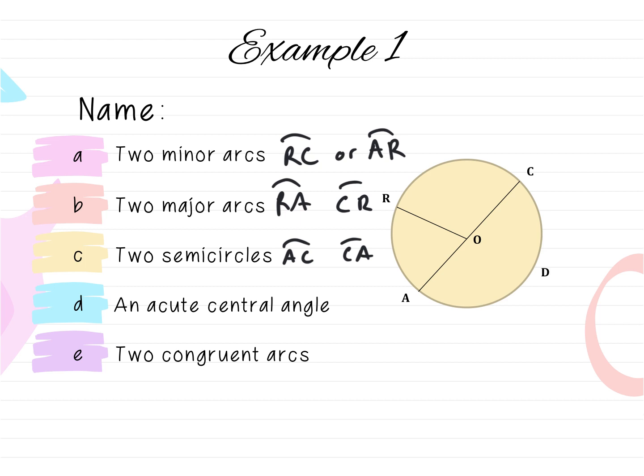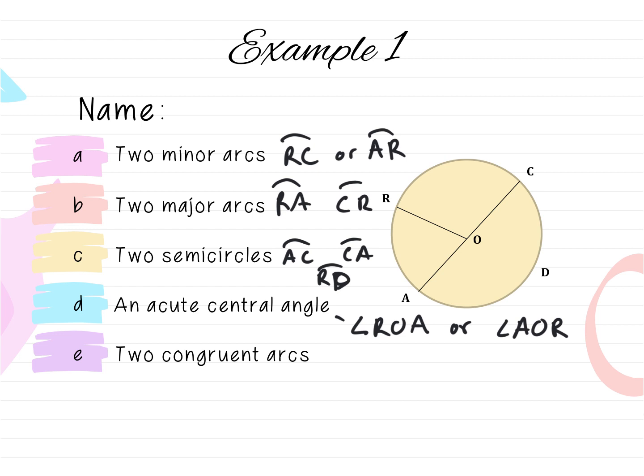Again, we know RD is also a semicircle, so I'm just going to go ahead and write it in. An acute central angle is going to be angle ROA, for example. You can also name it AOR, that's fine too.